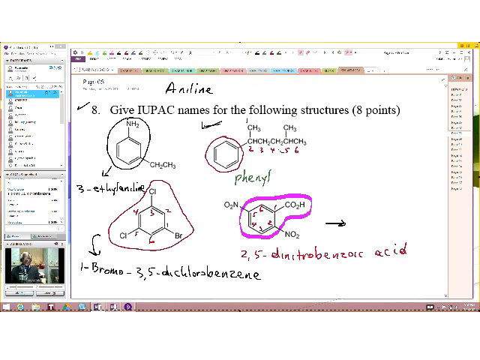So this will now become carbon 1, carbon 2, carbon 3, carbon 4, carbon 5, and carbon 6. So therefore, we are going to call this 2-methyl. Keep in mind, M comes before P.